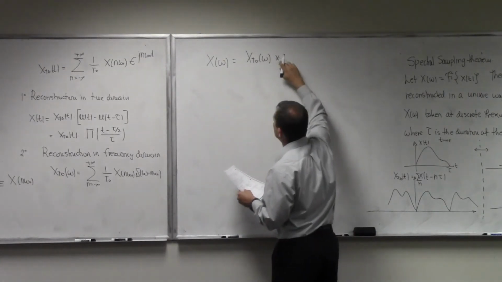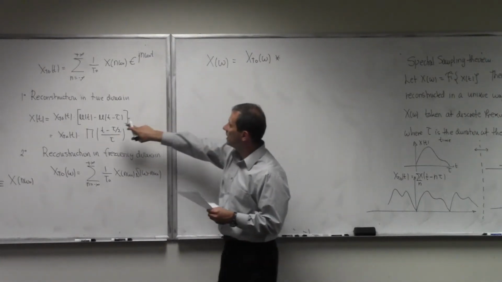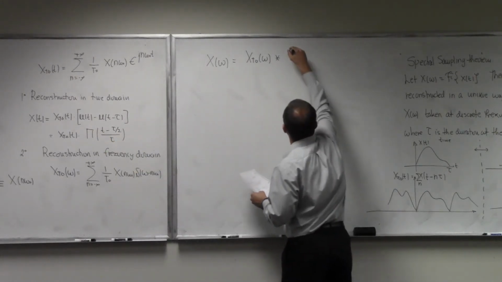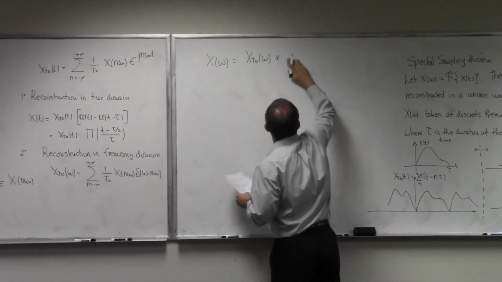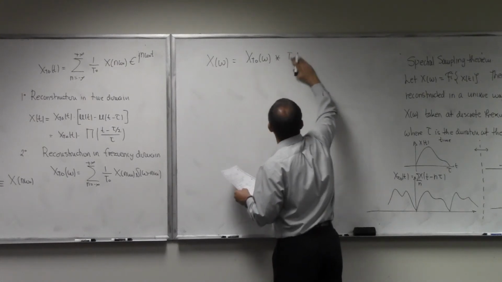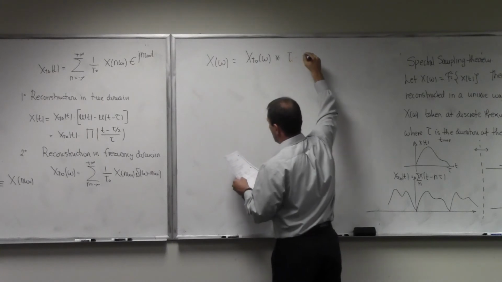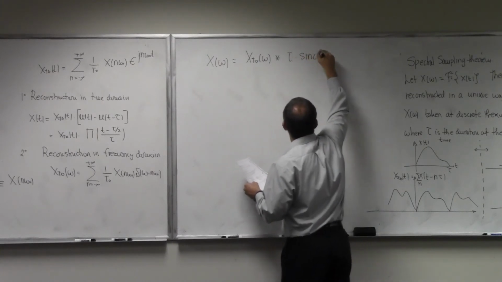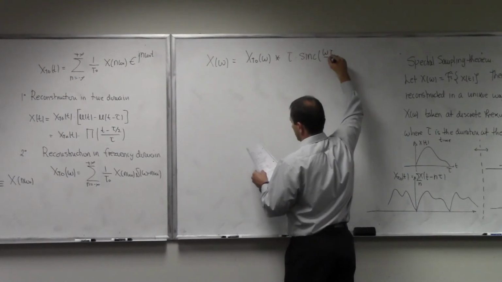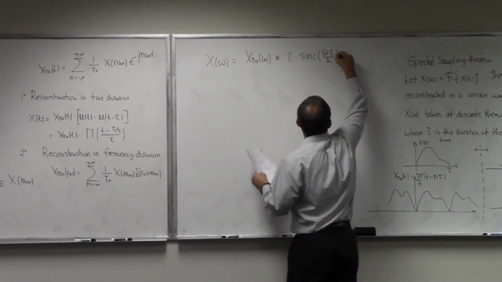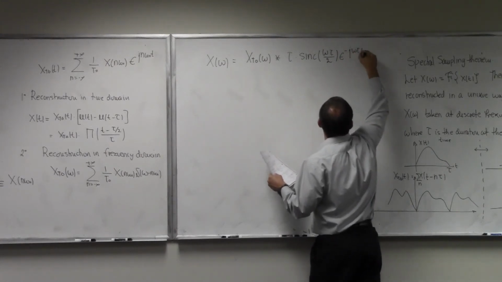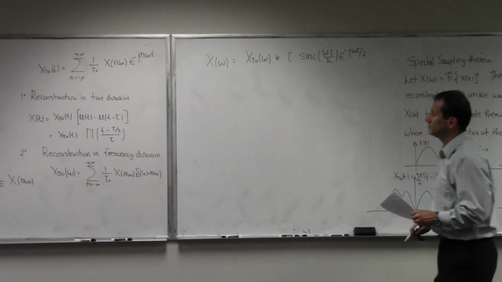I need to do convolution in a frequency domain with the Fourier transform of this guy. Well, the Fourier transform of this guy is going to be essentially tau, times sinc of omega tau over 2, e to the minus j omega tau over 2.